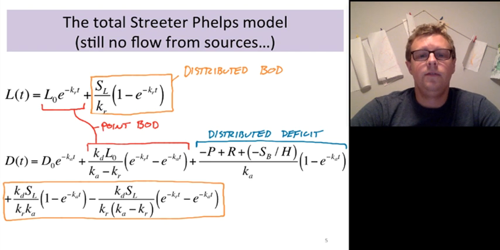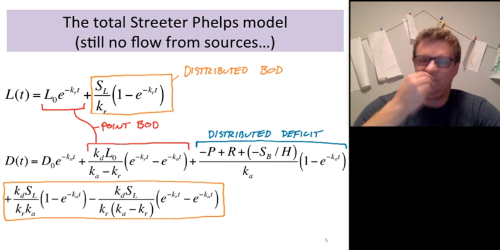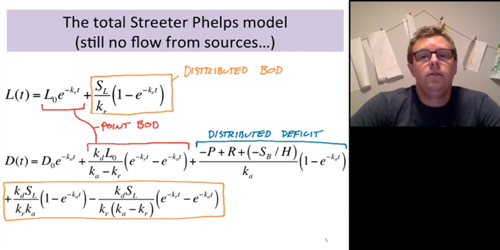And then that very first term in the deficit equation, again, that's the general solution piece. So that's any deficit that we had basically at the beginning of the segment that we're trying to model. So after this lecture, you ought to be able to take these total Streeter-Phelps model equations and adapt them for your system of interest.